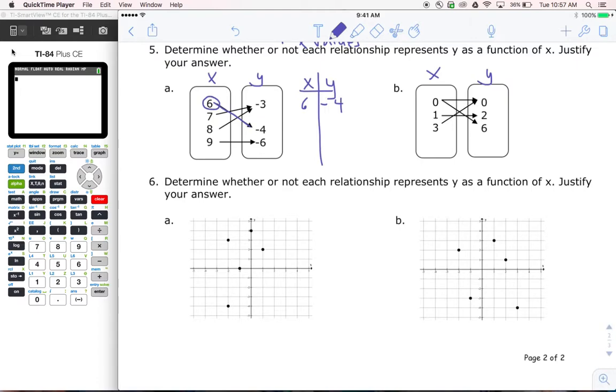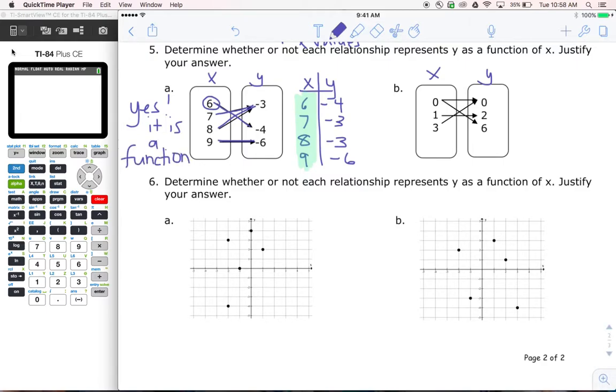You just follow the arrows. When x is 7, y should be -3. When x is 8, y should be -3. And when x is 9, y should be -6. So again, we don't really care about the y's. We're just looking here at the x's. Since I don't have any x's being repeated, I'm going to say yes, it is a function.